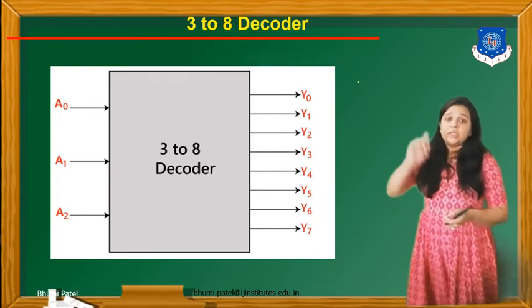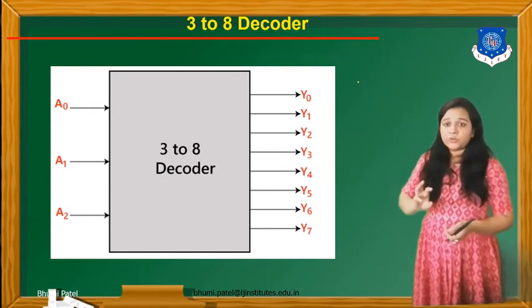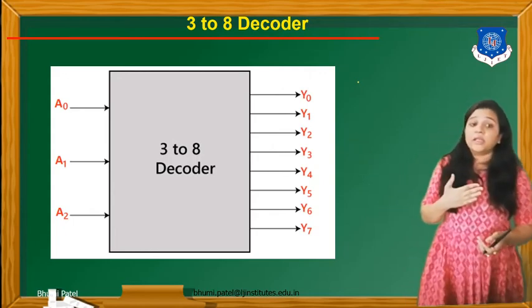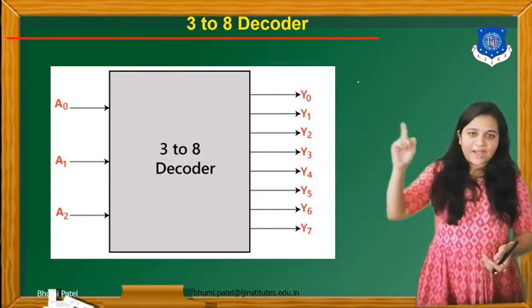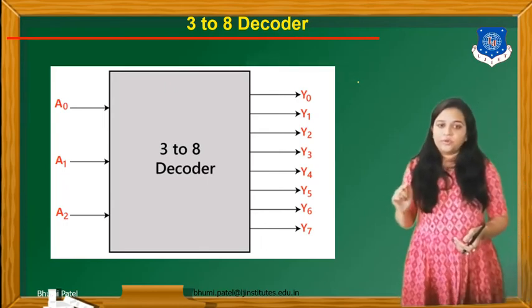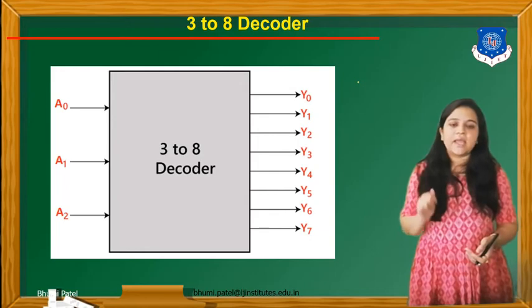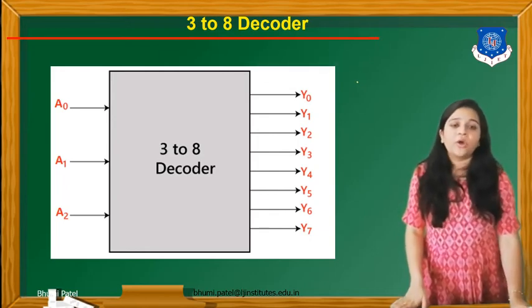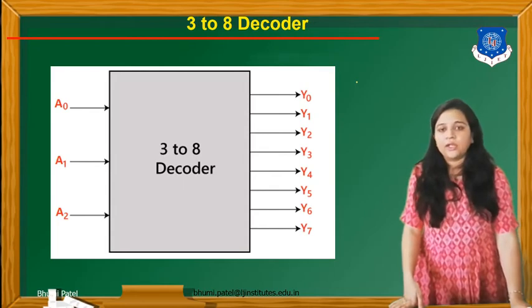Here the name indicates we have three inputs, that is A0, A1 and A2, and we can get the 8 outputs, that is Y0, Y1, Y2, Y3, Y4, Y5, Y6 and Y7. Okay, so this is the schematic or the block diagram of the 3 to 8 decoder.